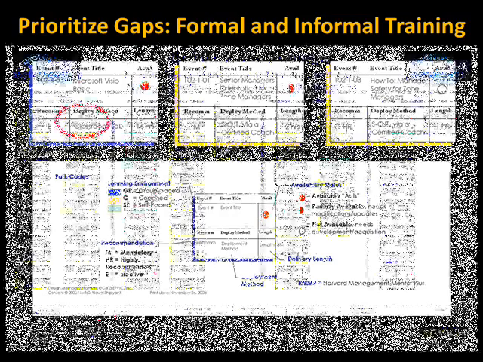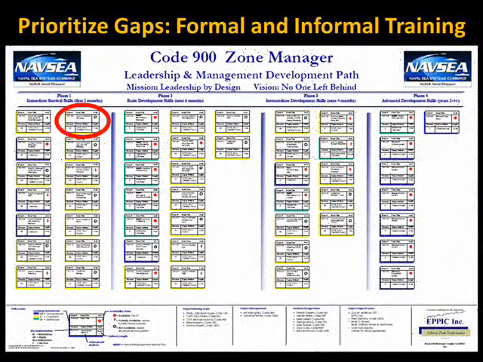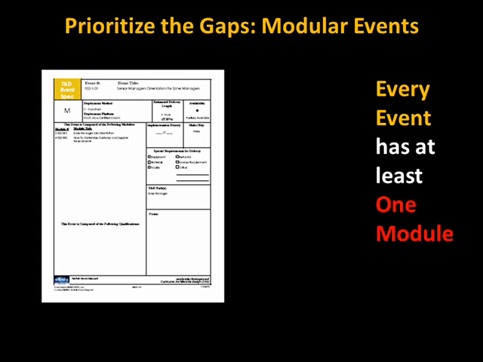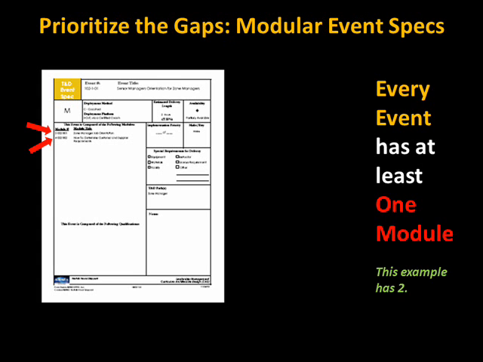If we look back at this path here and this event that's circled in red, it doesn't exist at all. The little dot there is blank. So that's an event, and again, every event has at least 1 module in it. This example has 2 that are listed on the left-hand side of the event spec, the event specification.